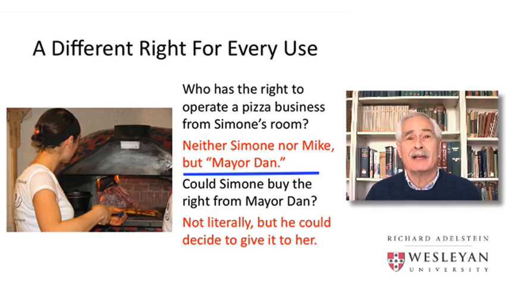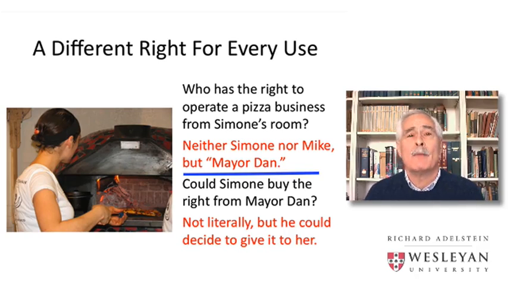Obviously, operating a pizza business is not anything that's intrinsically wrong. Pizza businesses operate everywhere quite legally, and people enjoy the pizzas that they make, and everybody is happy. But pizza businesses can't be opened just anywhere, and almost every part of the United States has what are called zoning laws. And zoning laws tell people what kinds of uses they can put to land in what particular locations in a particular jurisdiction.